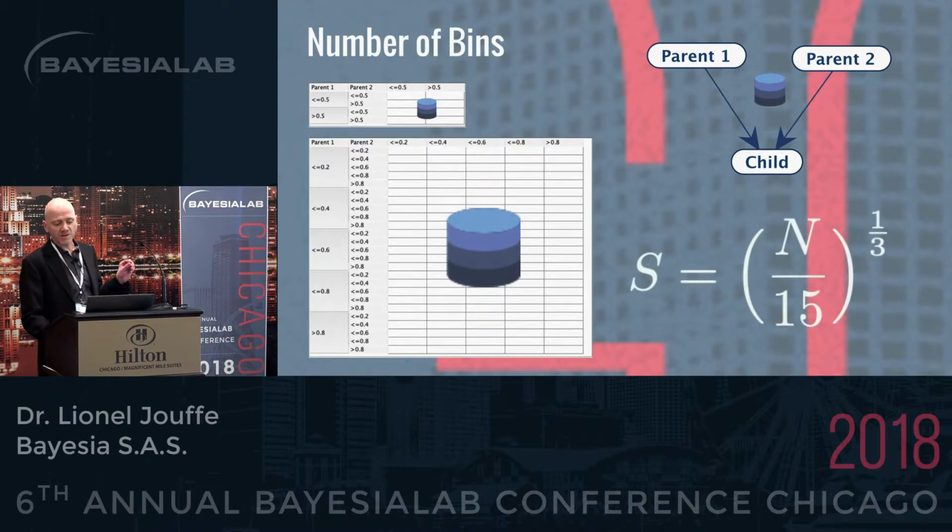This is an equation that uses the fact that we are looking for 2 parents per node, and then uses the size of your data set, n, that we know, and automatically defines the optimal number of bins. Not really optimal, but a good choice, right? So depending on the size of your data set, when you open the data wizard, you are going to have the number suggested by this heuristic, right?